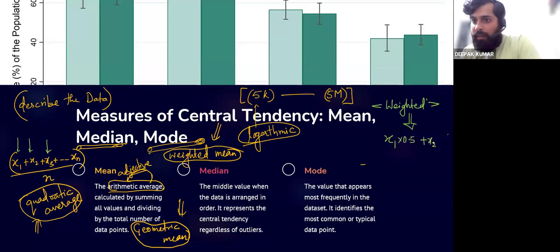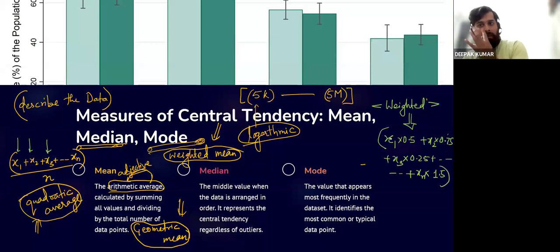To the second entry I'll multiply the weight of 0.75. To the third entry I'll multiply the weight of 0.25, and likewise. Hope you got the point of what the weight means here. I am multiplying all the numbers by certain coefficients and dividing by the total number of entries.